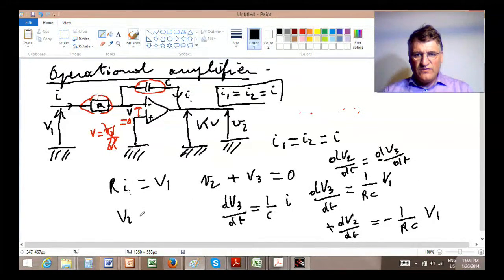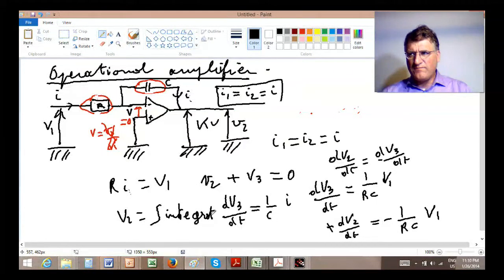Now, V2 is an integrator. It's an integrator.